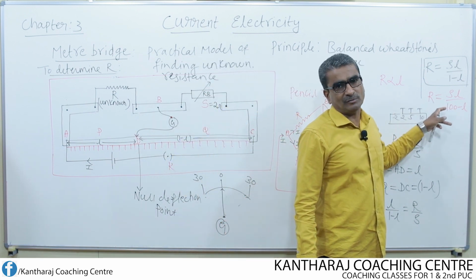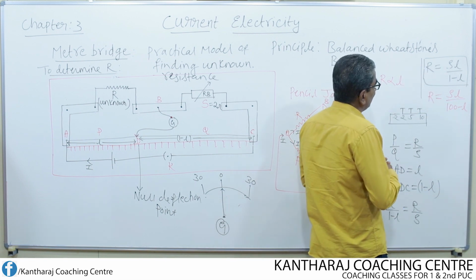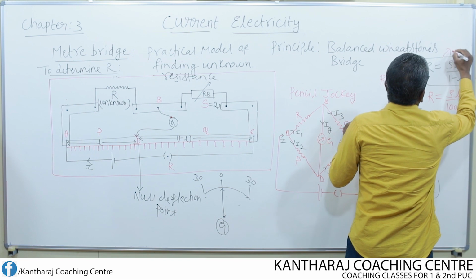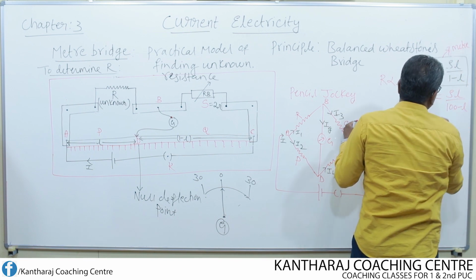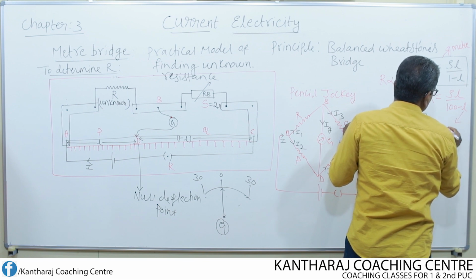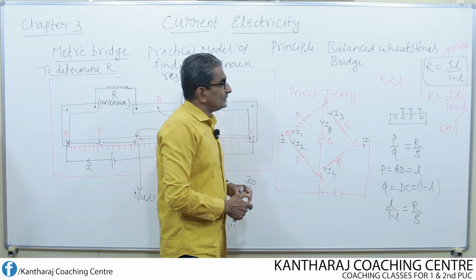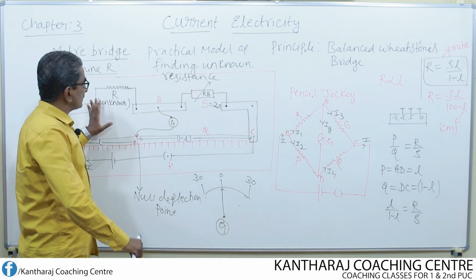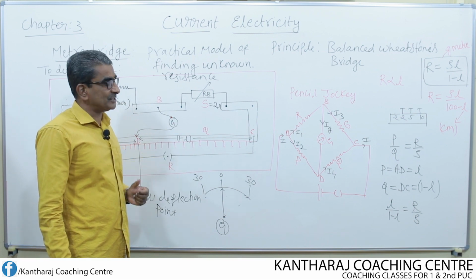So that's the only difference: this when we measure the length in meter, and this equation when we measure the length in centimeter. Okay. So this is how unknown resistance can be determined by making use of a meter bridge.